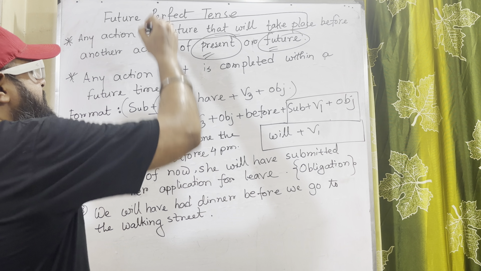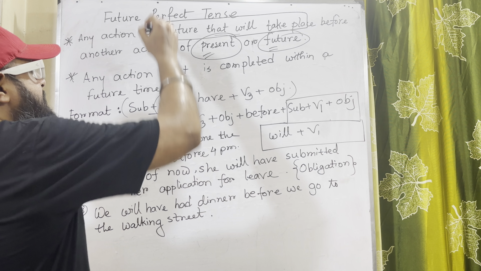So we need only have after will, irrespective of my subject or the person of my subject. Sometimes students ask me a question that my subject belongs to the third person singular criteria, but we all know that the form has goes with third person singular subjects.